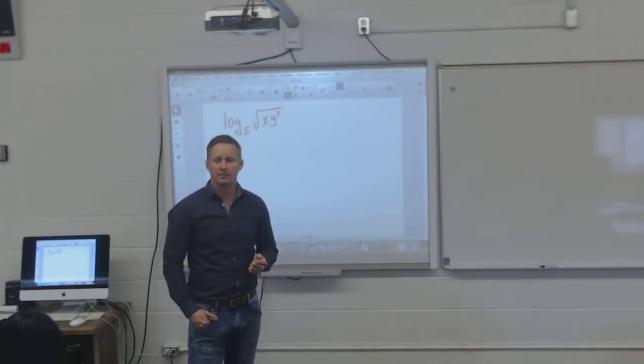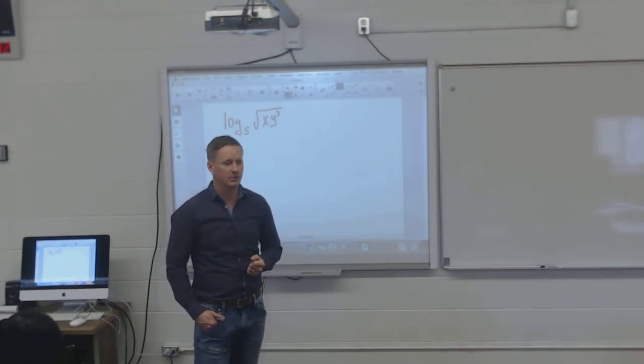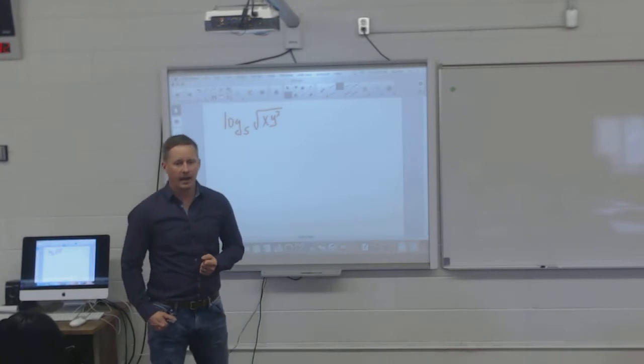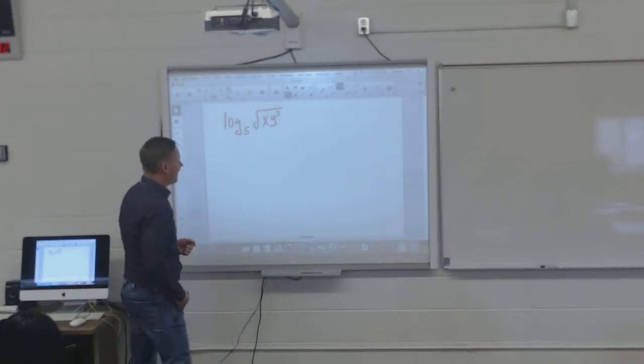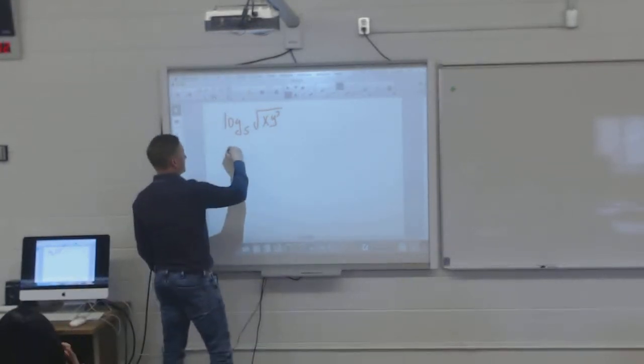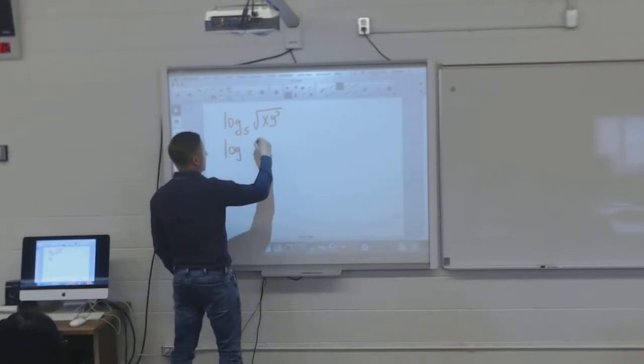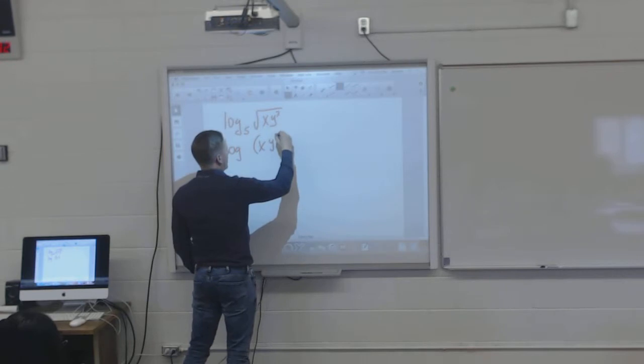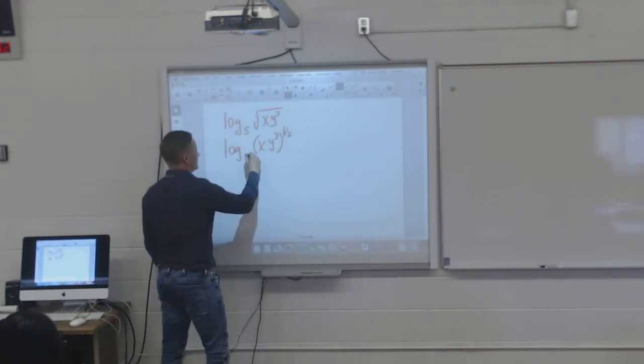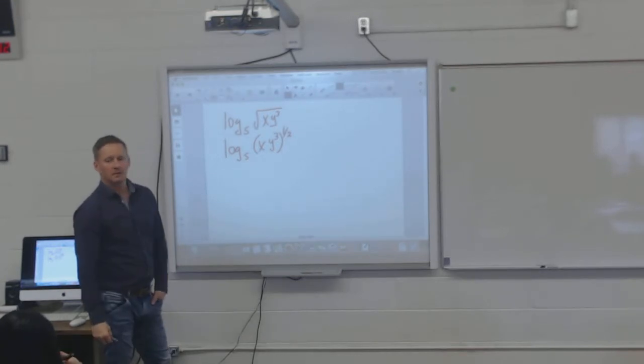What is the square root as an exponent? A half. So that's a half. So what I could do then is this: log of x y cubed to the 1/2, like that, base 5. That's a possibility.